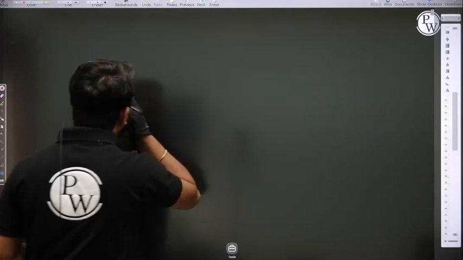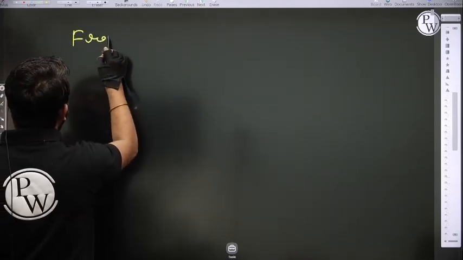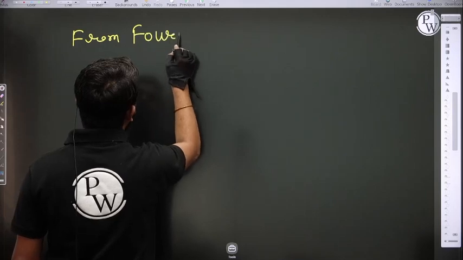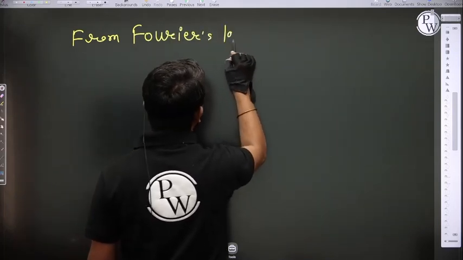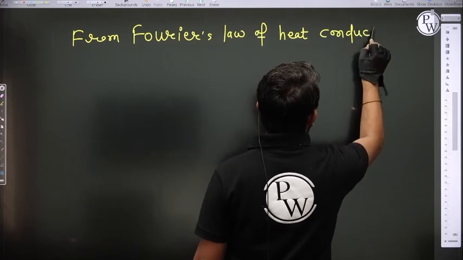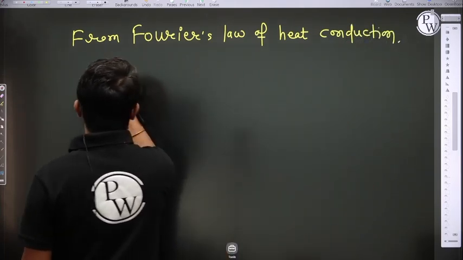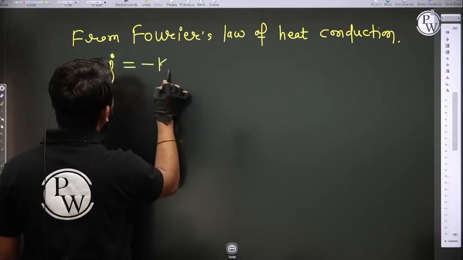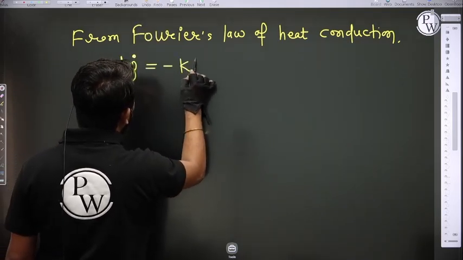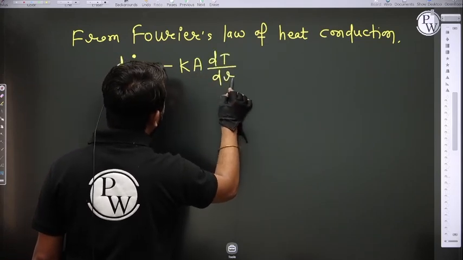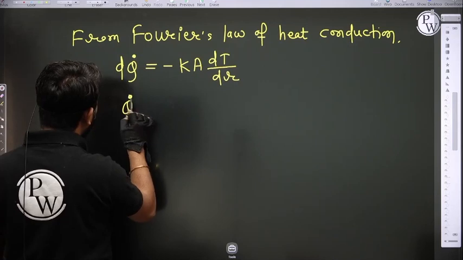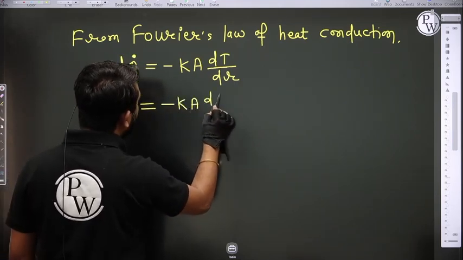So from Fourier's law of heat conduction, for a small element, dQ dot is equal to minus K A dT by dr. And since dQ dot is equal to Q dot, we can directly write Q dot is equal to minus K A dT by dr.